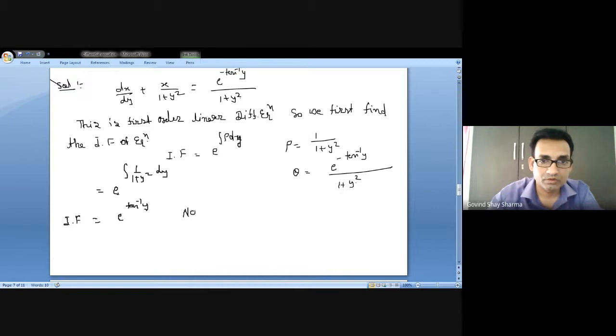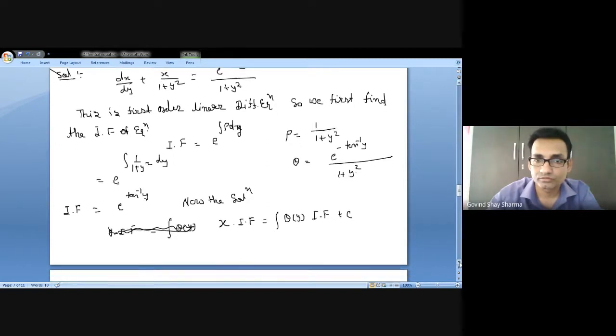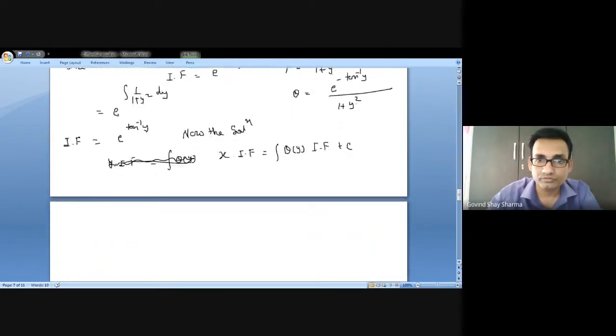Now the solution. x dot IF is equal to integration of Q(y) dot IF dy plus c. Sorry, here we write the solution in the form of x, because the dependent variable is x. x times IF is equal to integration of Q(y) times IF dy plus c.